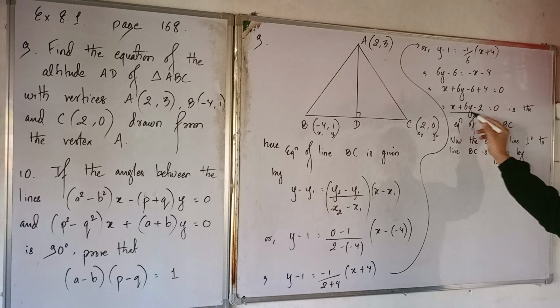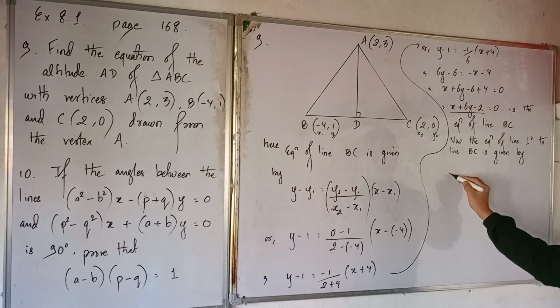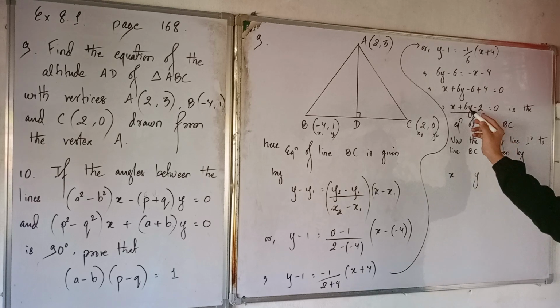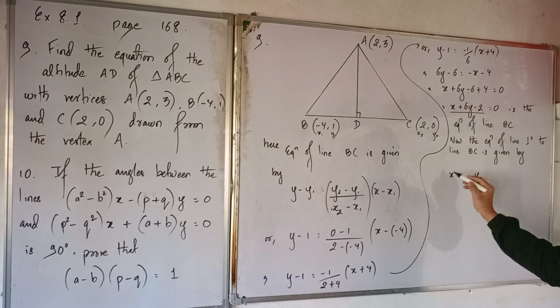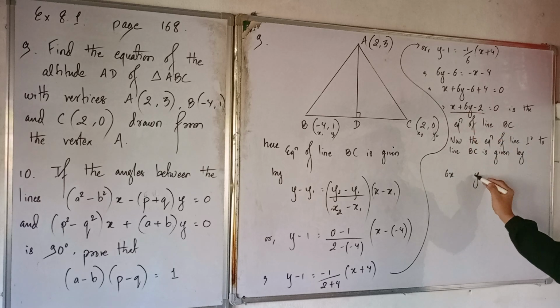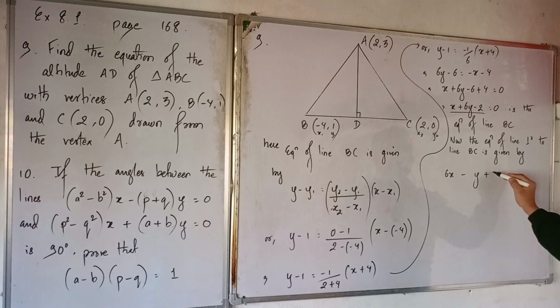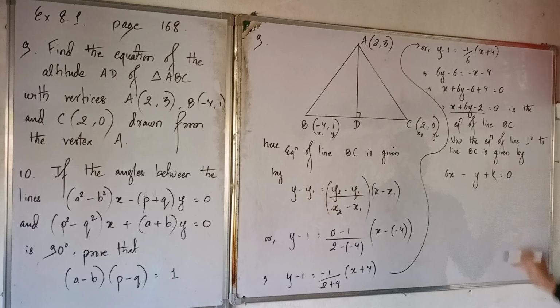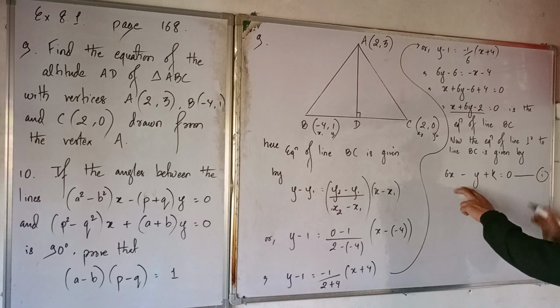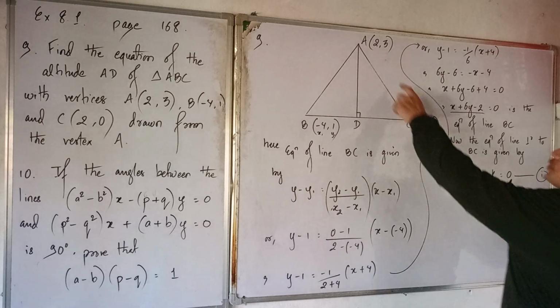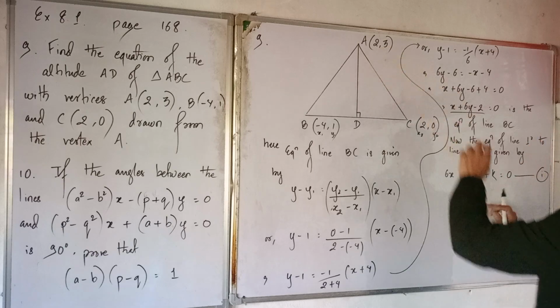The equation of line BC is this, so you write the coefficients of x and y interchanged. 6 will be here and 1 will be here. This plus becomes minus, and there will be a constant k equals to 0. Let this be equation I, and this line passes through the point (2, 3).